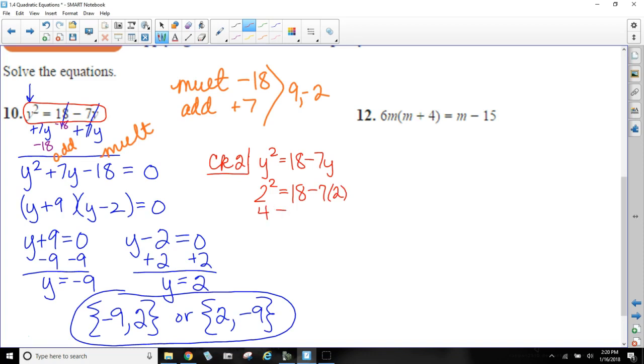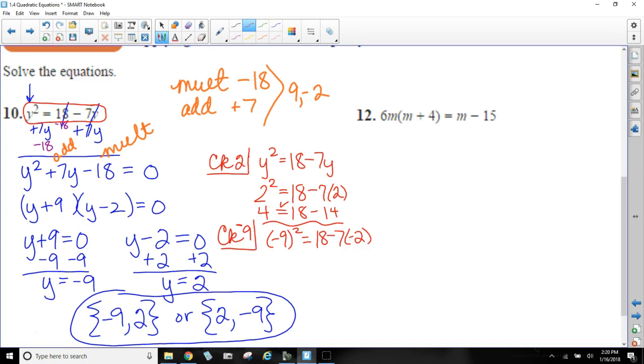On the left-hand side, 2 squared is 4. 18 minus 14 also gives us 4, so that checks. We could also check a negative 9. Positive 9 won't check, but negative 9 should. That would look like negative 9 squared should be equal to 18 minus 7 times a negative 9.